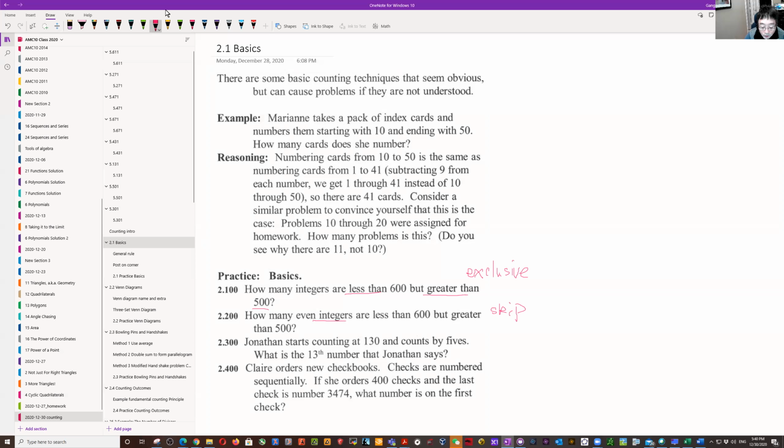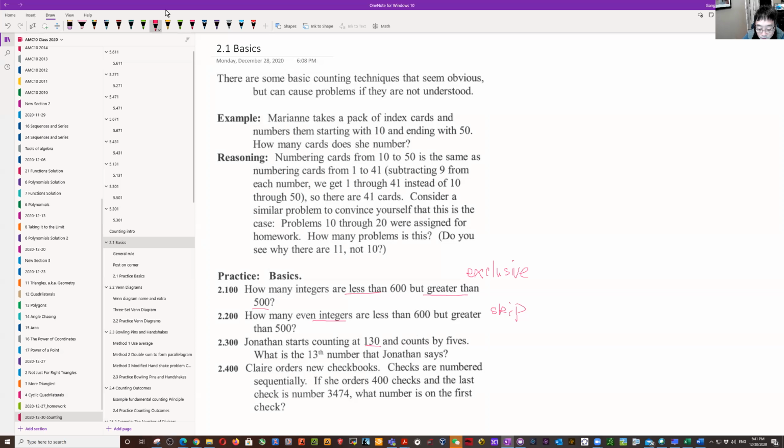Then start at, count by 5. So basically this is the starting point and you try to get the end point. So basically, less than, greater than.